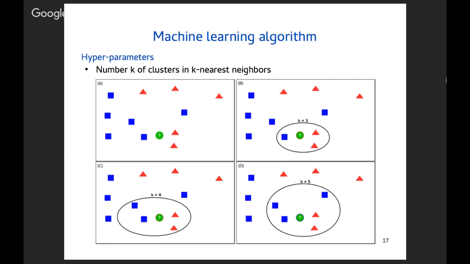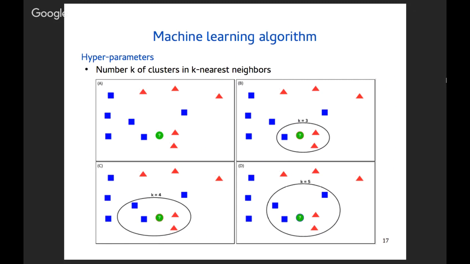Okay, and then it will compute the majority vote among these neighbors. So there are 2 triangles and 1 blue square, and so it will associate the new point to the red triangles. Is it clear? Questions? And this will be solving the problem with 3 points by selecting the hyperparameter k equals to 3.